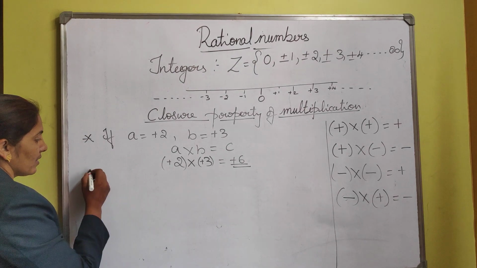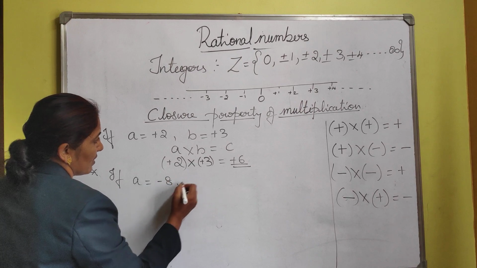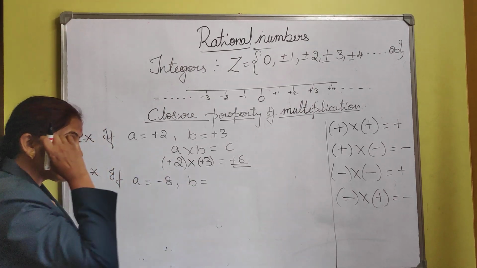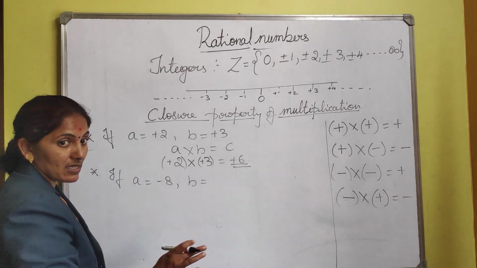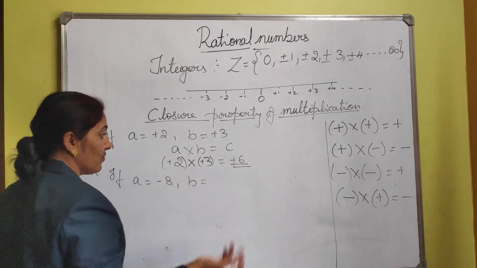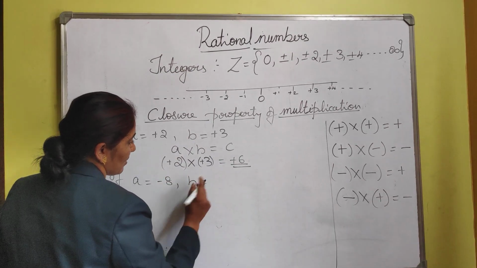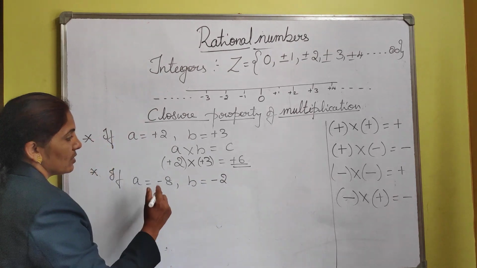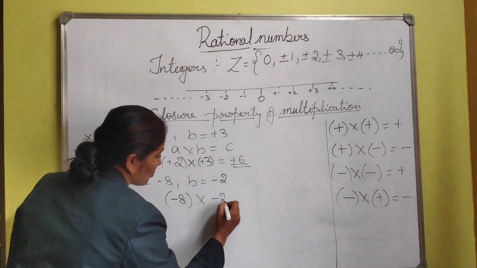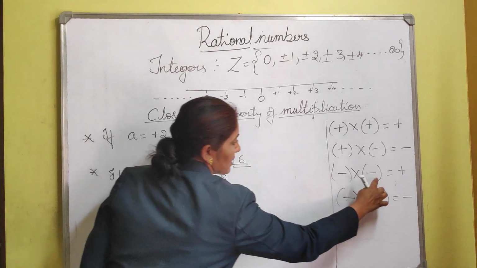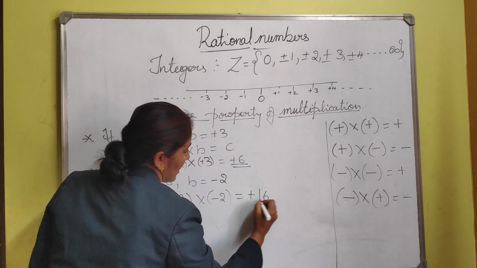In the same way, if a is equal to minus 8 and b is equal to minus 2, I am considering the values in such a way that we can find the product. Minus 8 into minus 2: minus into minus is plus, and 8 twos are 16.